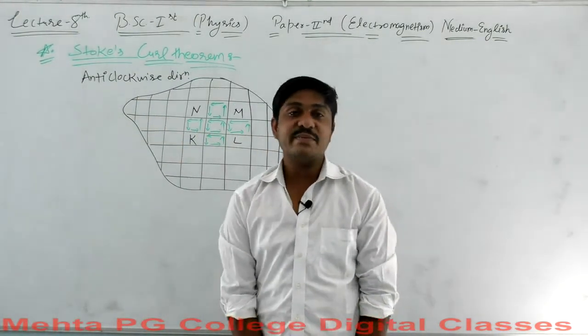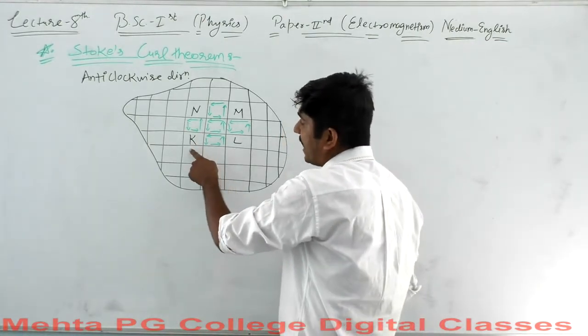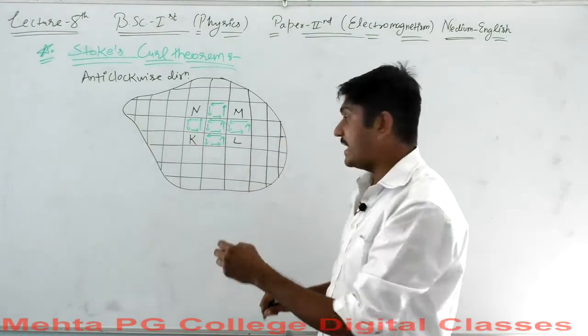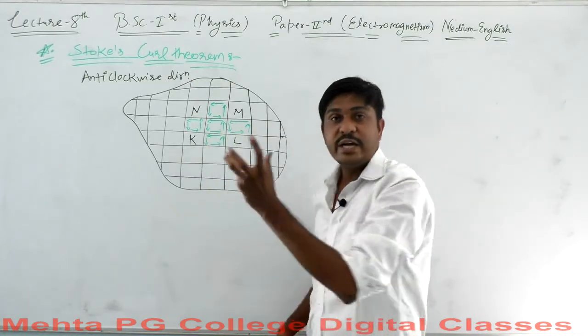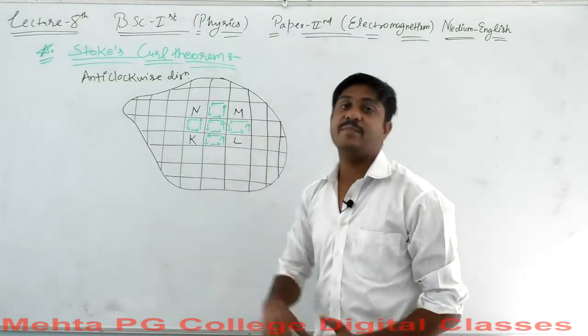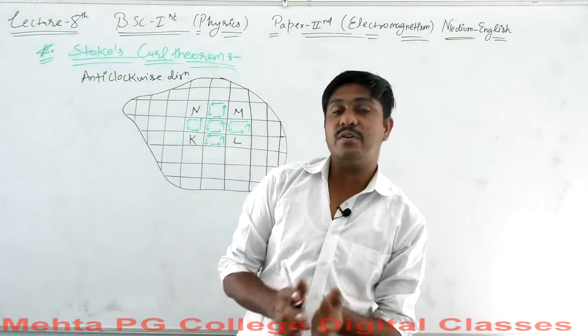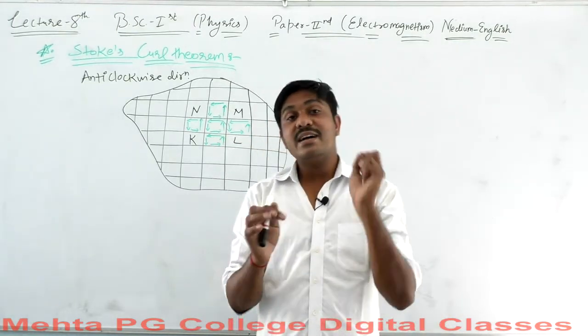Since all these atoms will follow the anti-clockwise direction, consider the path K to L: an atom which is following the path K to L and an atom which is following the path L to K will have different directions for their line integral. What does a line integral represent?